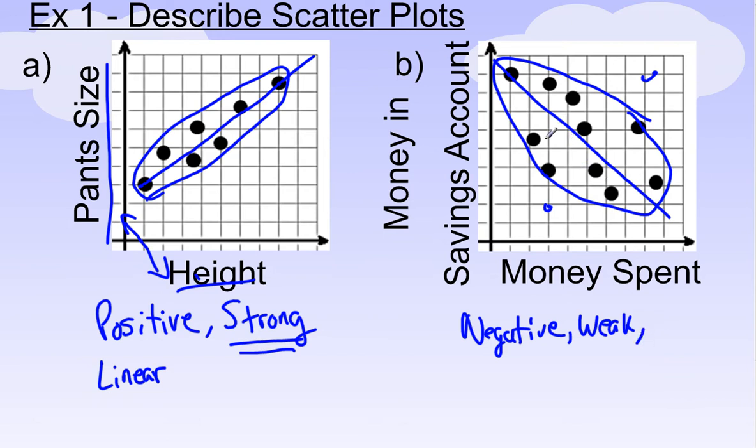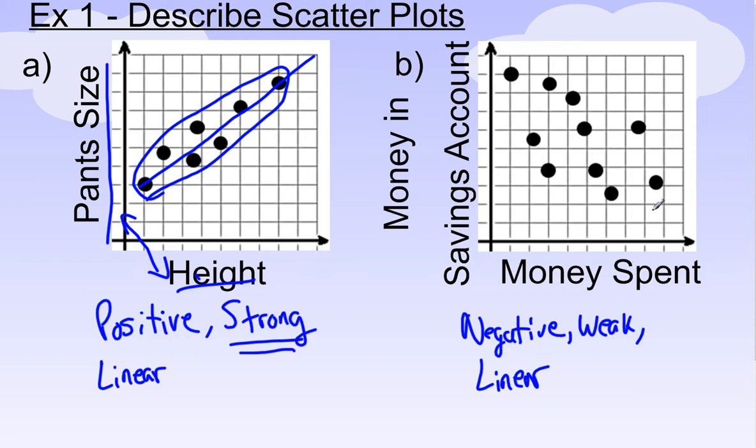Okay. And then, is this linear or nonlinear? Is it going in a straight line, or does it appear to be in a curvy line? And this appears to be in a straight line. So this is a linear correlation as well. So we could call this data, the relationship between these two variables, a negative, weak, linear correlation.